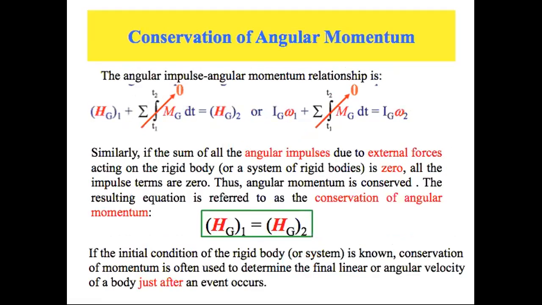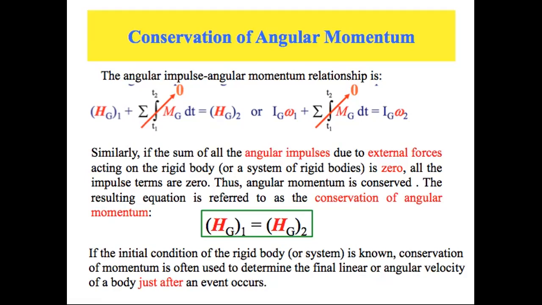For conservation of angular momentum, this is the equation of the principle of angular impulse and momentum. If the sum of the angular impulses due to the external forces acting on a rigid body is zero, all the impulse terms are zero. Therefore, angular momentum is conserved, and the resulting equation is referred to as conservation of angular momentum.